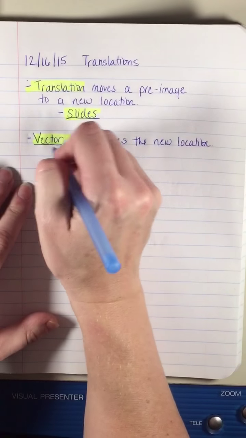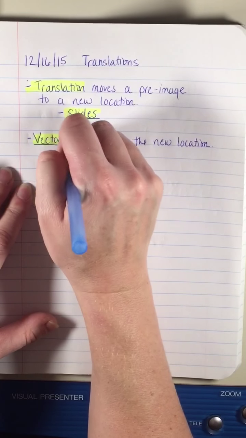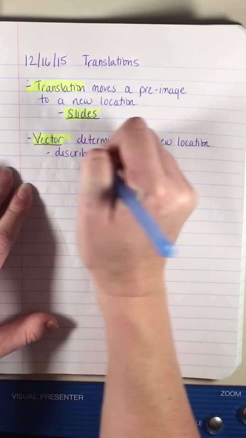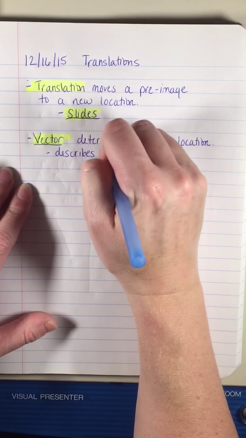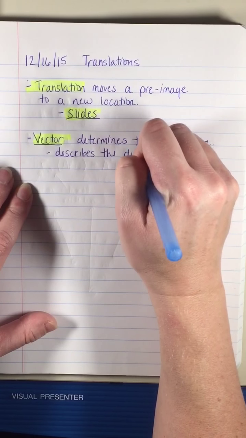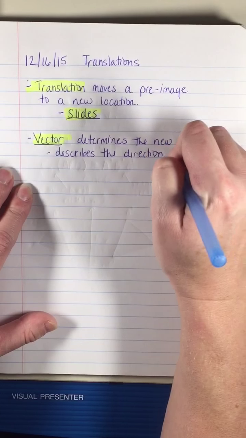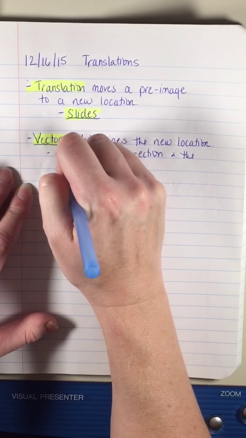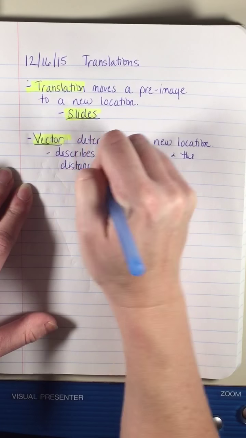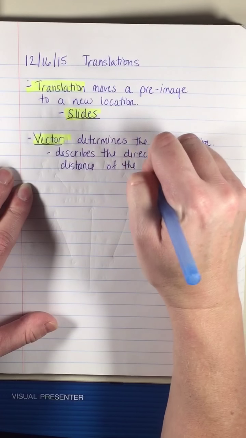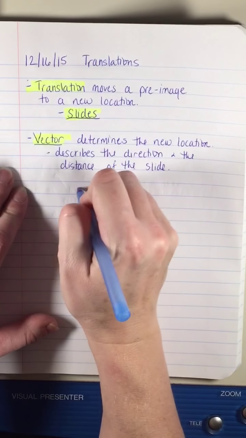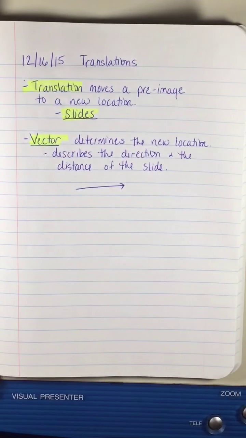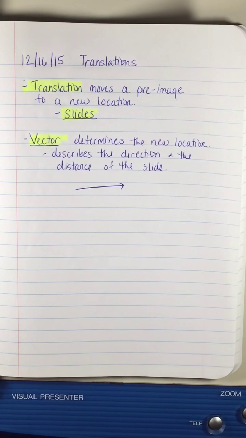So what the vector does, it describes the direction of the slide and the distance of the slide. So it's going to look like arrows. That's what a vector will look like.